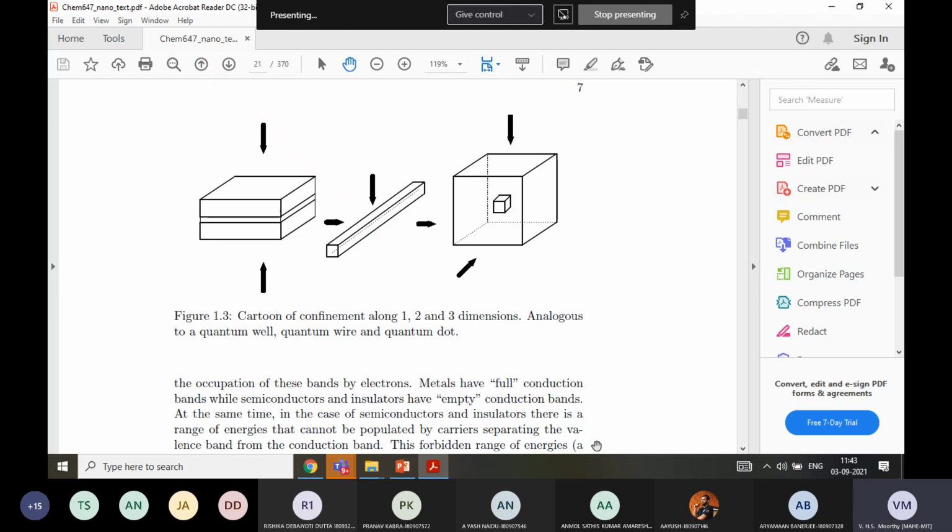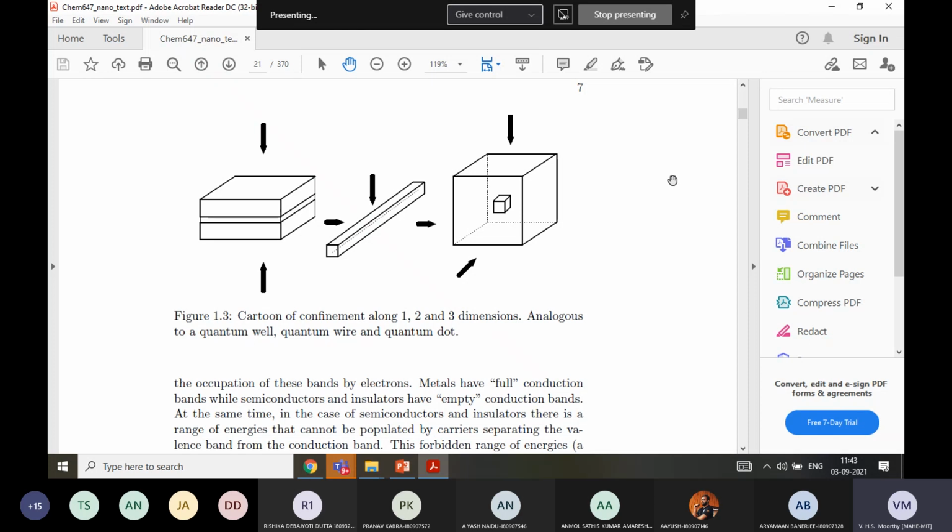Now, we discussed one important thing here. A nanoparticle should be a low-dimensional system, whether two-dimensional, one-dimensional, or zero-dimensional.